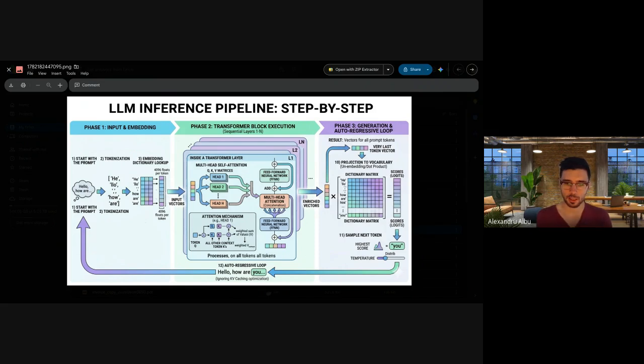This gets appended to the end of the prompt, because you're now confident that this is the next one. And now the whole thing starts all over again. For every token up until the end of the output, the same thing gets repeated over and over again. And this is a massive amount of computation.